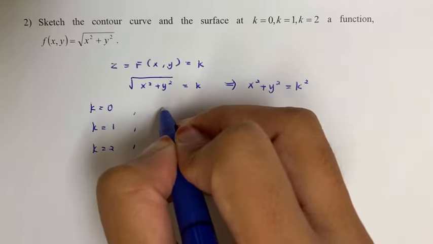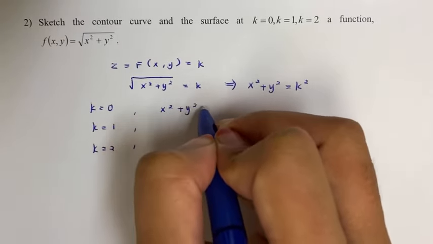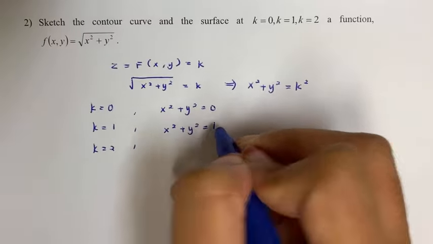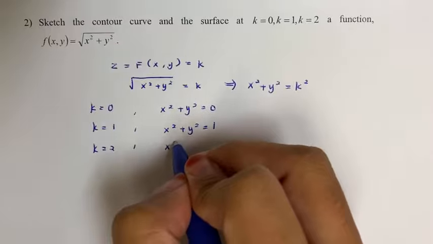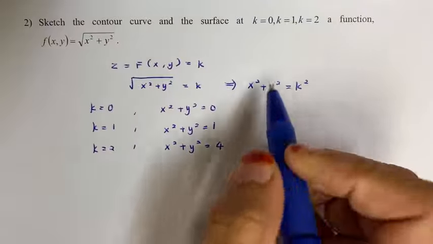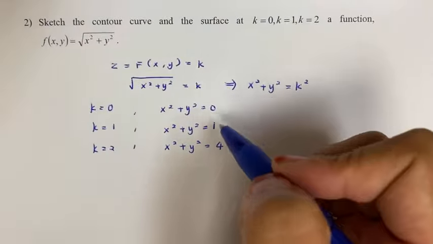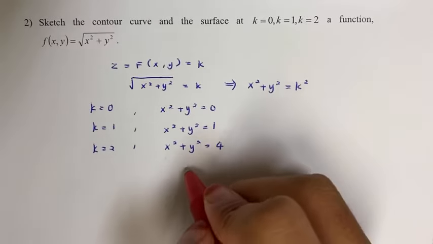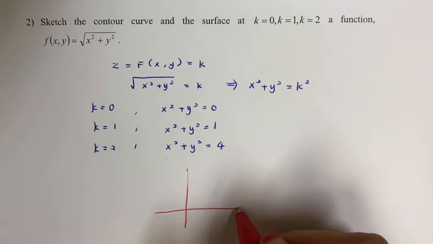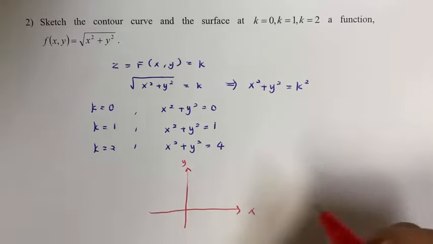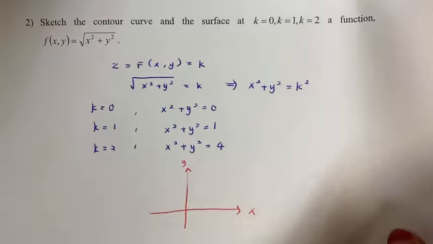For k equal to 0, you have x squared plus y squared equal to 0, x squared plus y squared equal to 1 for k equal to 1, and then we have x squared plus y squared equal to 4, 2 squared is 4. So we have these 3 circles. Okay, so you can sketch your xy plane here for the contour curve, for the level curve.